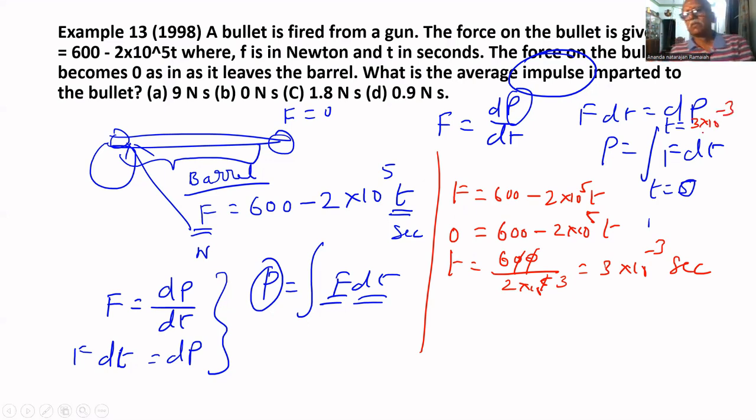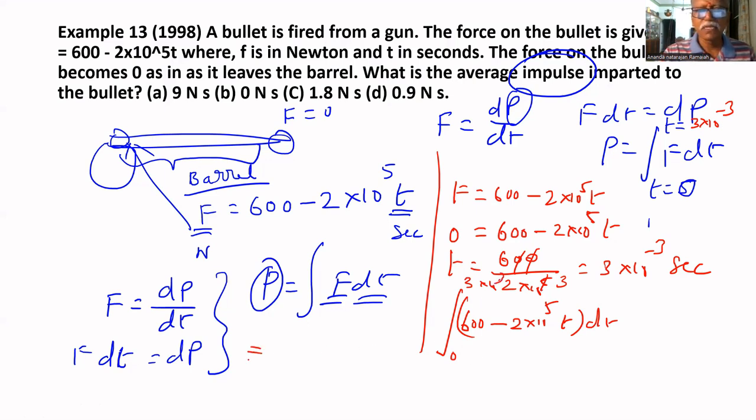Now we have to integrate F. F equal to 600 minus 2 into 10 power 5 t dt, integrated from 0 to 3 into 10 power minus 3. If you integrate 600, you will get 600 t, minus 2 into 10 power 5 times t square divided by 2. The limit is from 0 to 3 into 10 power minus 3.